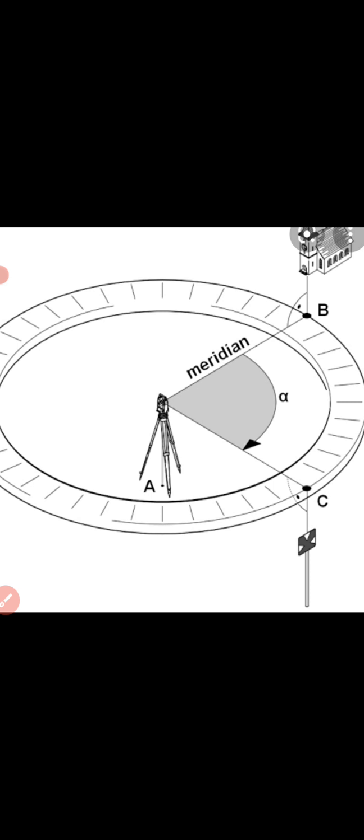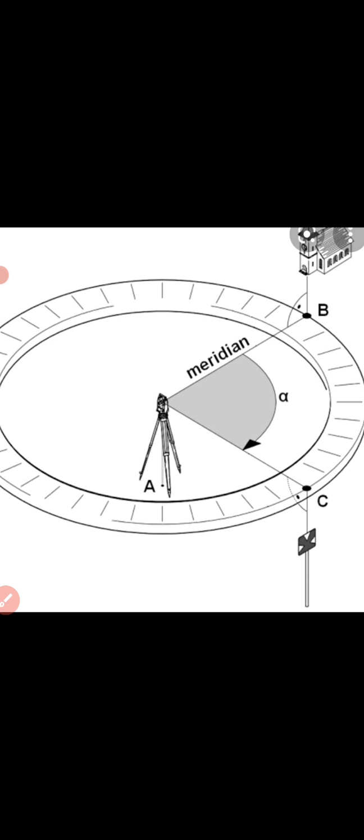Next step is using a measuring tape, measure the distance AB and AC. Now you can calculate the distance BC using the cosine rule. That is BC square is equal to AC square plus AB square minus 2 AB AC cos of the angle alpha.